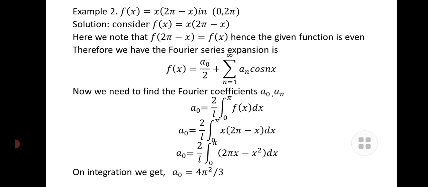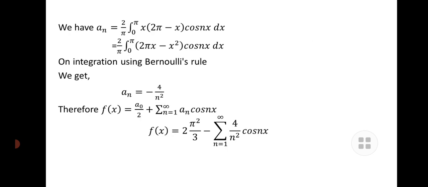Substituting the upper and lower limit and solving, we will get a0 is equal to pi square divided by 3. And another unknown value, that is an, is defined as 2 divided by pi integral 0 to pi x into 2 pi minus x cos nx into dx.